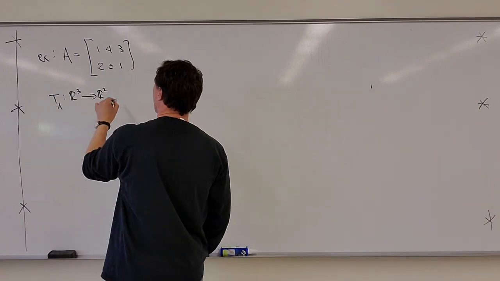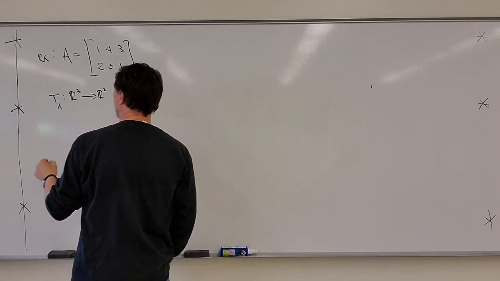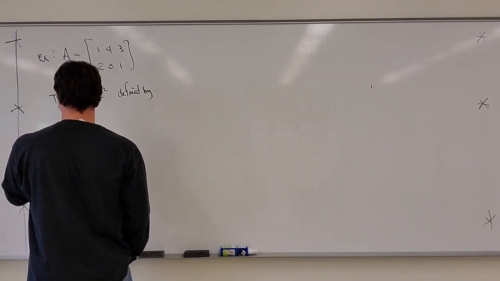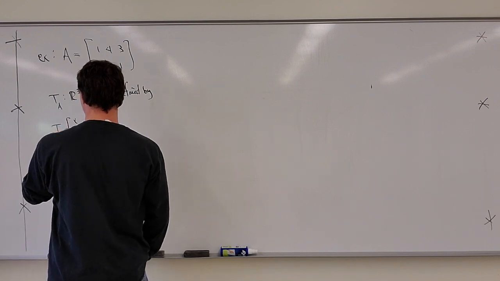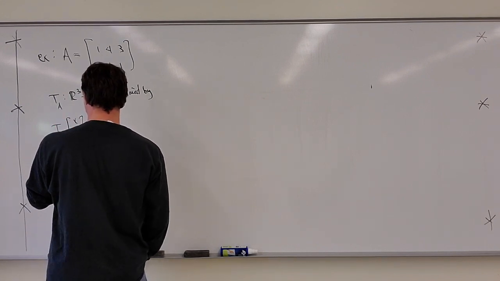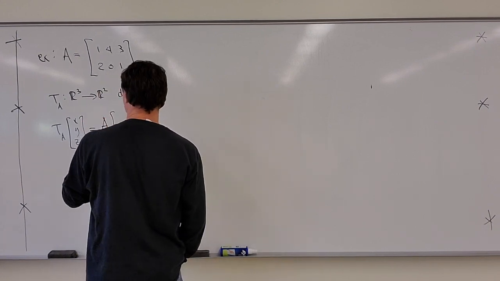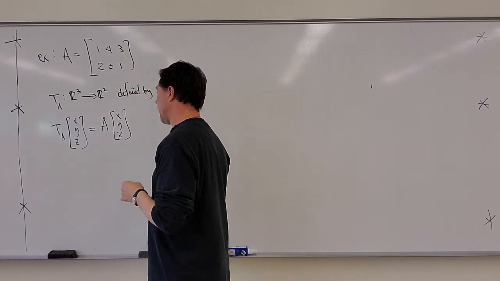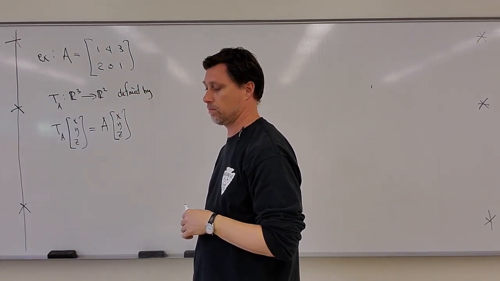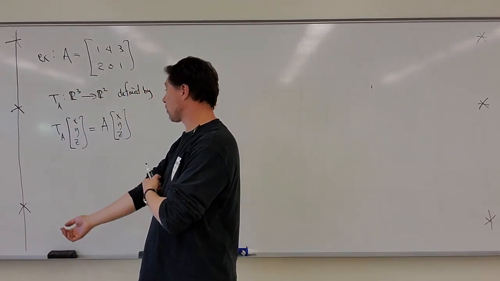And it's defined by T sub A of the column vector, let's call it x, y, z, is equal to A times x, y, z, like that. So here's an example of a matrix transformation.